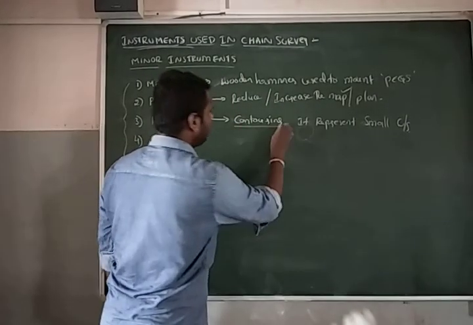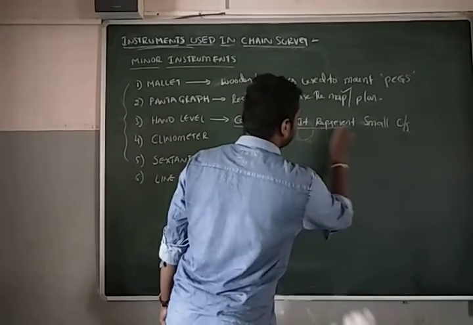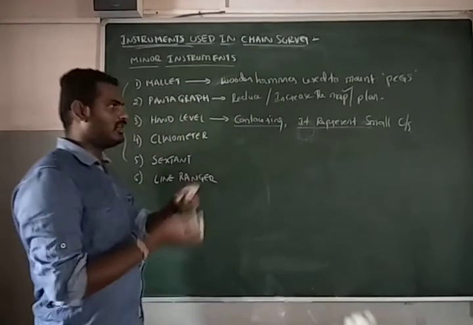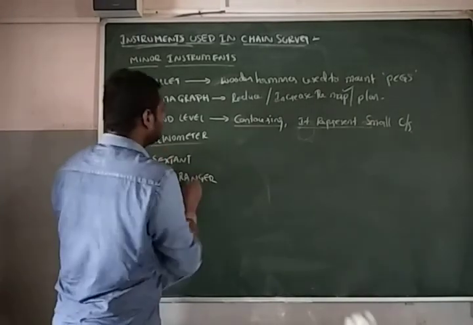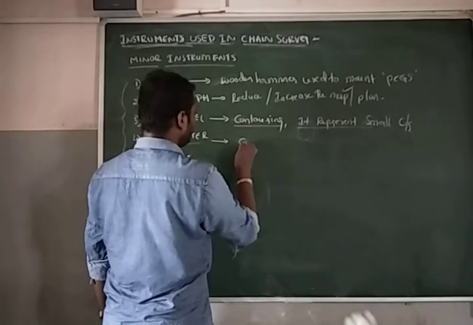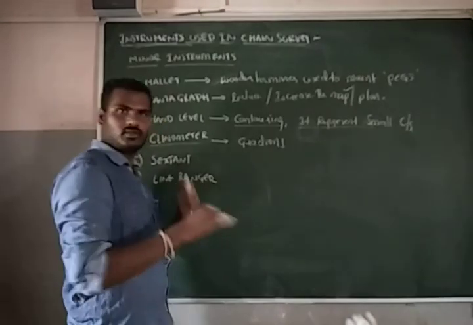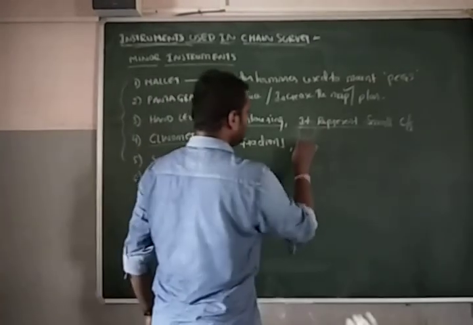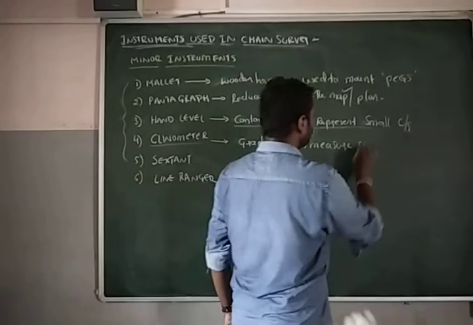Contouring I will tell you in the coming classes, and how it represents small cross sections I will discuss there. Next, clinometer. Clinometer is useful to give gradients. Grade means slopes. It is useful to see and measure slopes on the ground.